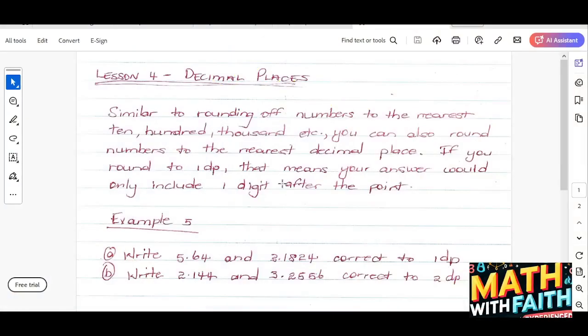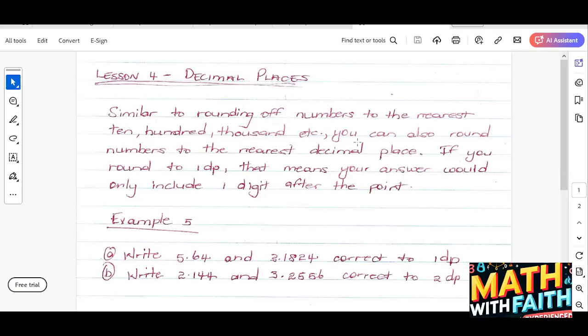So we have been rounding off numbers. Similar to rounding off numbers to the nearest 10, to the nearest 100, 1,000, etc., you can also round numbers to the nearest decimal place. And of course, as it suggests, you are looking at numbers after the point.